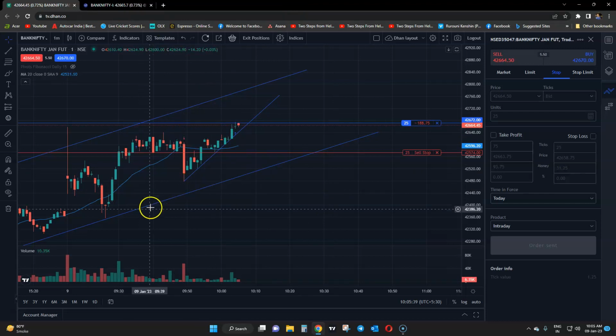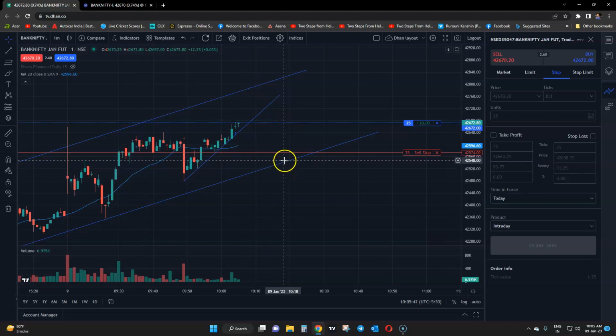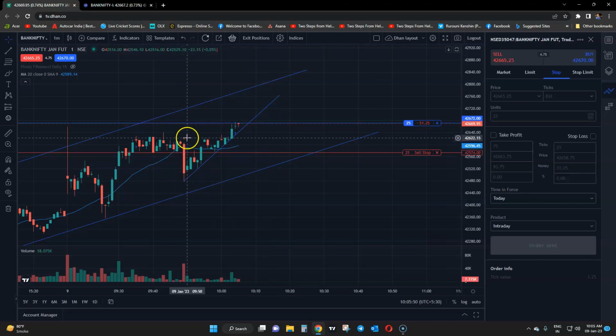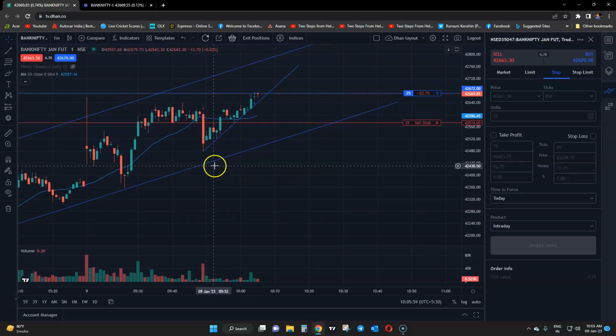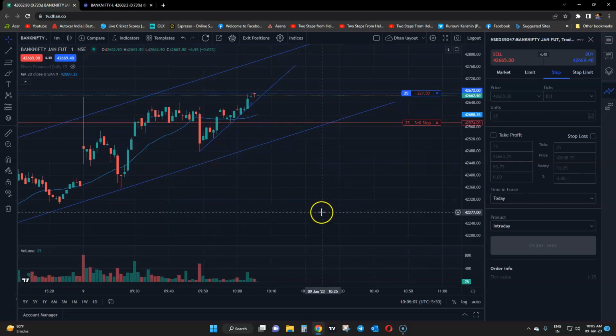See, this could easily come back to this channel and then take the stop again, and then I'll have to enter up from this point, right? Enter it from here. Why was I worried to take that order?